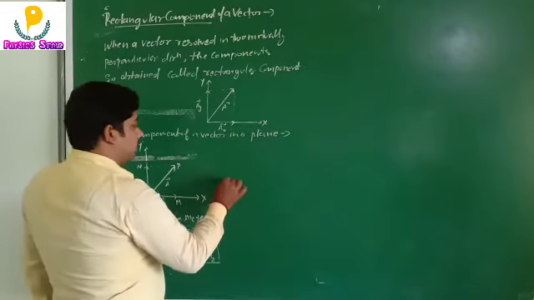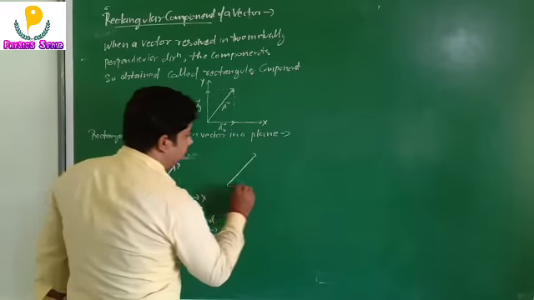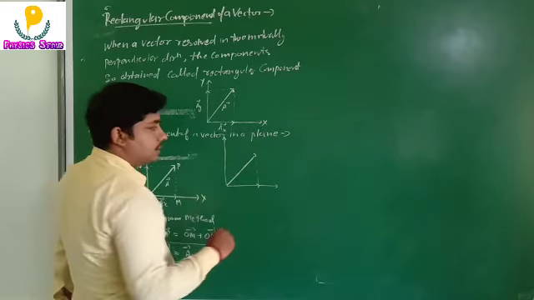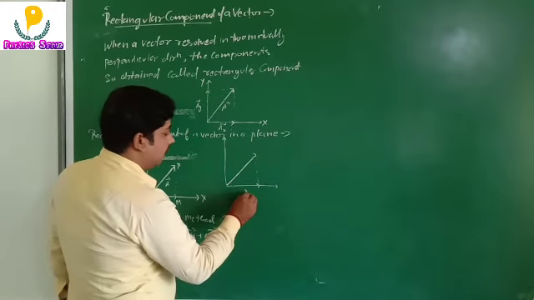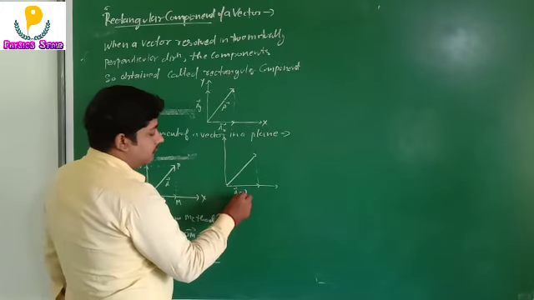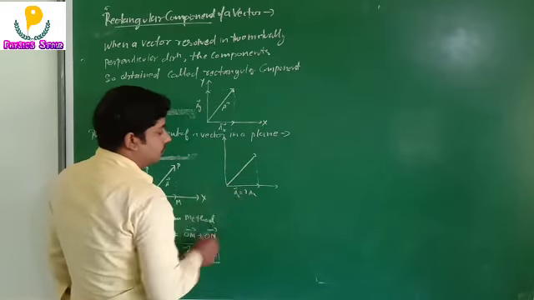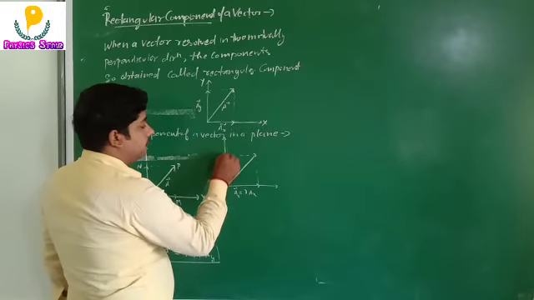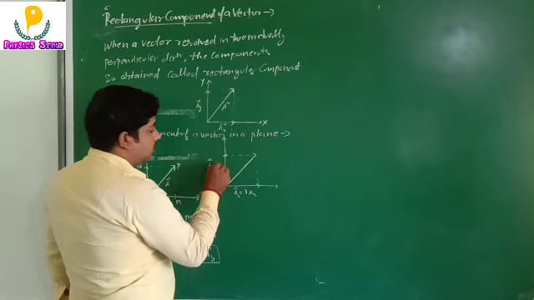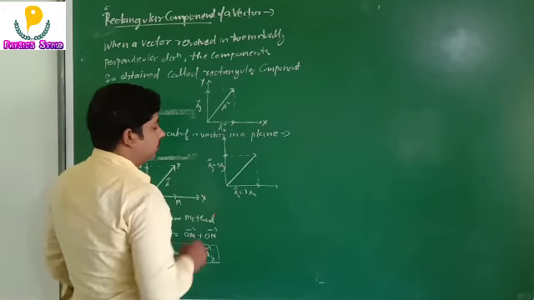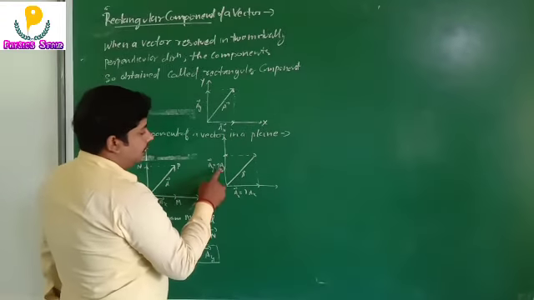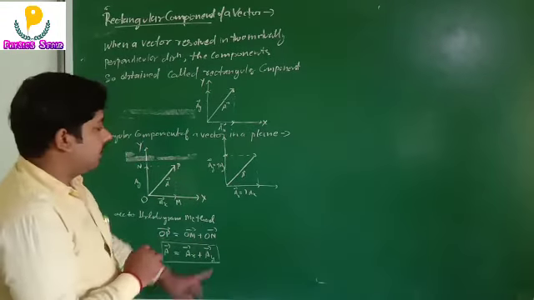If we consider vector A, which has an effect along the x-axis and along the y-axis, then along the x-axis the unit vector is i, so vector Ax represents i Ax, and along the y-axis vector Ay is equal to j Ay, where Ax is the magnitude of vector Ax and Ay is the magnitude of vector Ay.